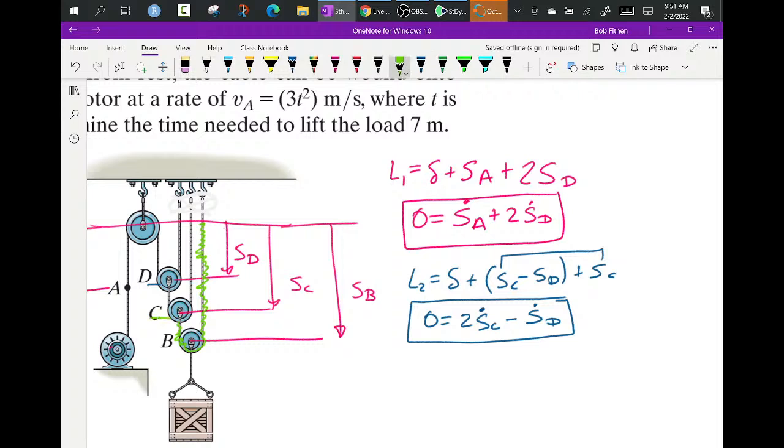Okay, so I've got this distance from here to here. Length 3 is equal to the delta plus SB minus SC. And then I get the length that goes all the way up here, which is this SB.